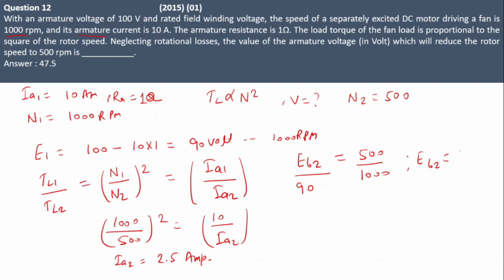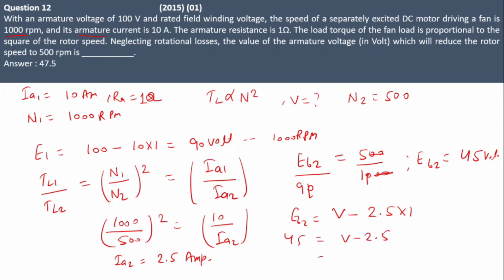Here it is. Solve this. You will get 45 volt. So once you know EB2 equal to V minus IA, which is 2.5 into 1, EB2 is 45 equal to V minus 2.5.